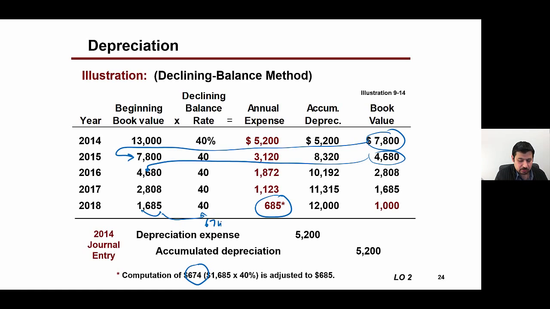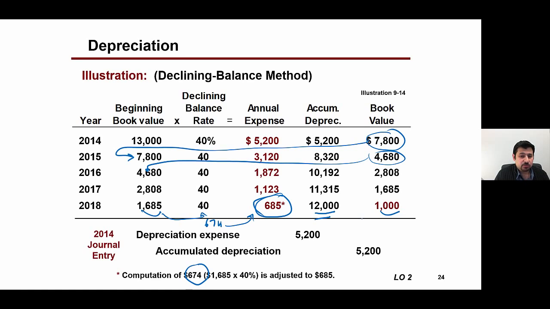But because this is the last year, the 5th year, we adjust the amount so that the accumulated depreciation becomes 12,000 and the salvage value becomes 1,000. So here it is adjusted from 674 to 685 in order to get to a salvage value of 1,000.